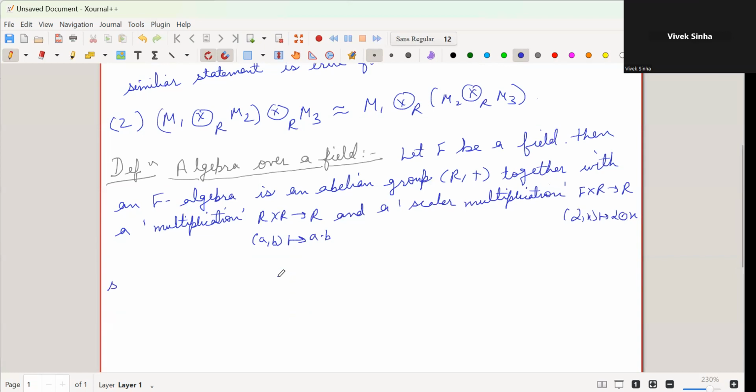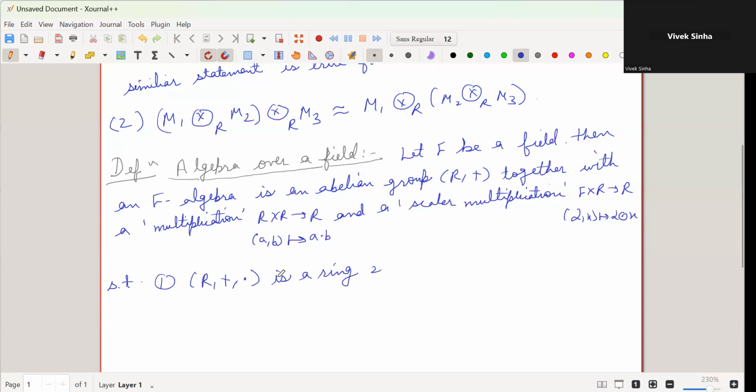This is such that first, R with plus and dot is a ring.